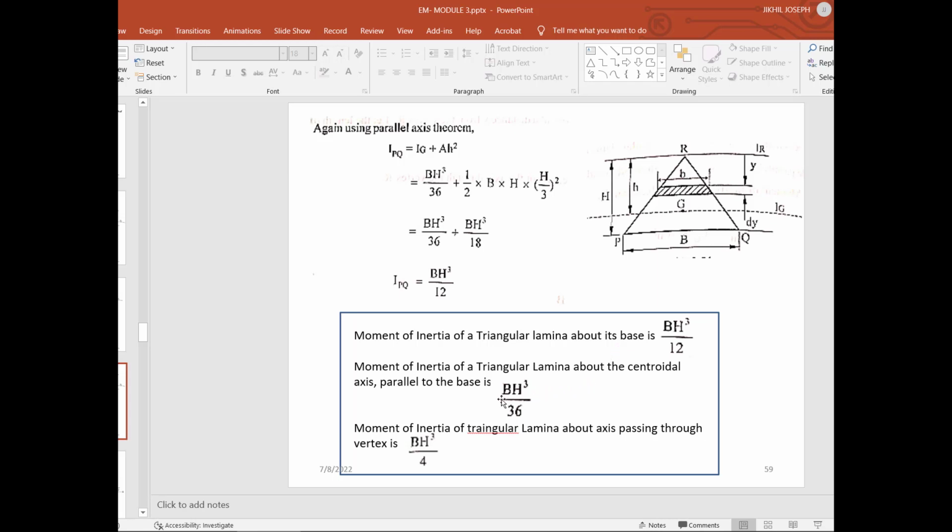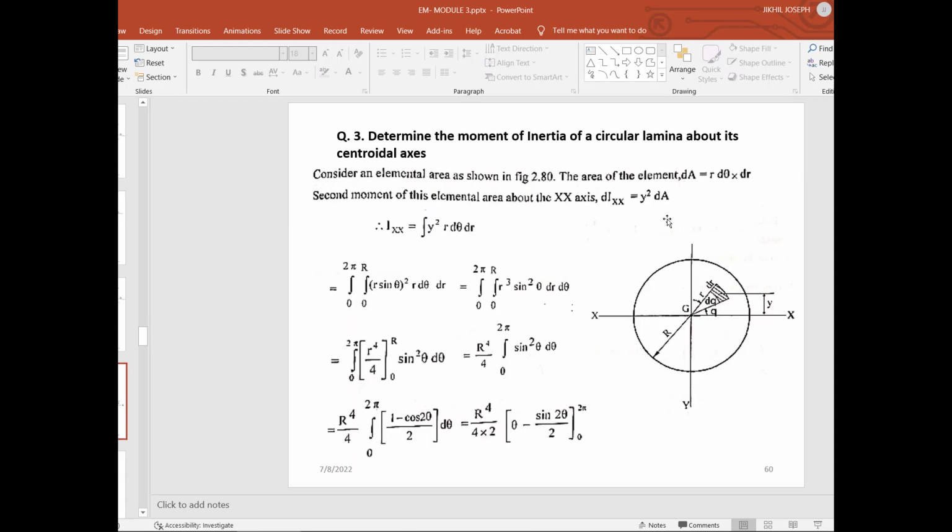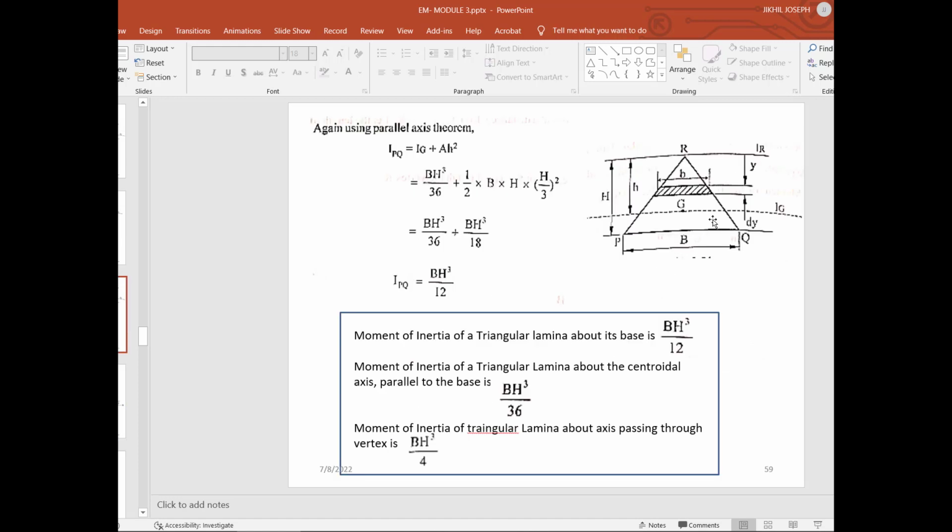And please note that the value will always be lowest with respect to the centroidal axis, and it will increase as the length as well as the distribution of area also changes, because Ig will be a constant factor.